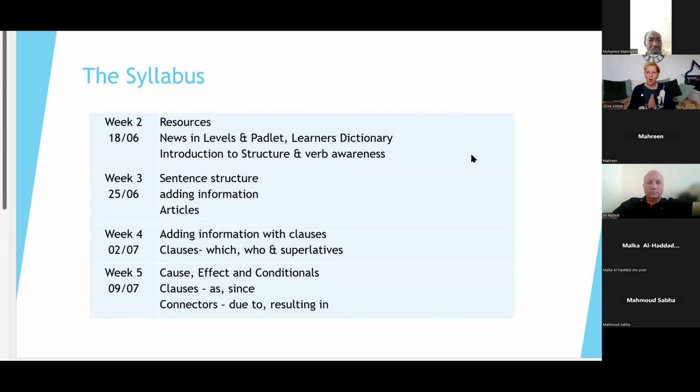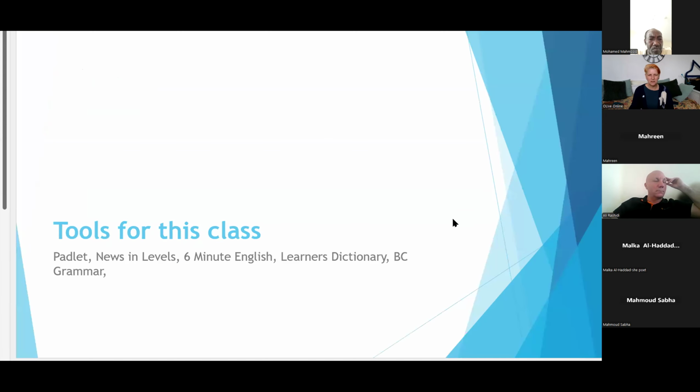If your level is high, but you have been frustrated in really expressing exactly what you need, especially for the academic world, this will give you a chance to rebuild your grammar so that you can efficiently and concisely write what you need to say. So let's start with the tools.